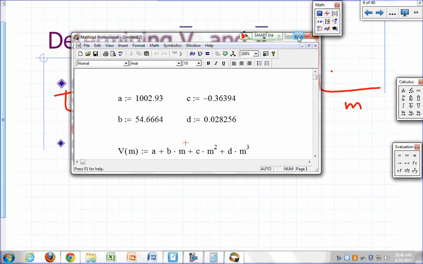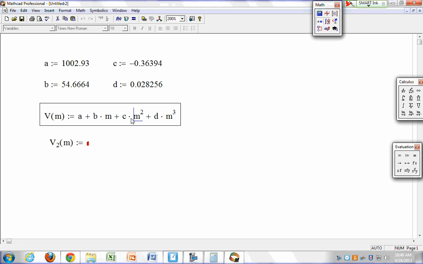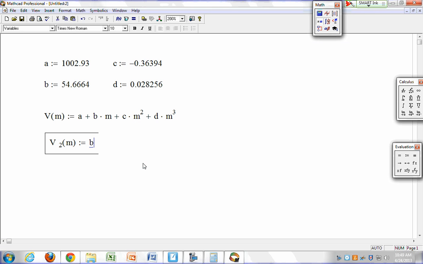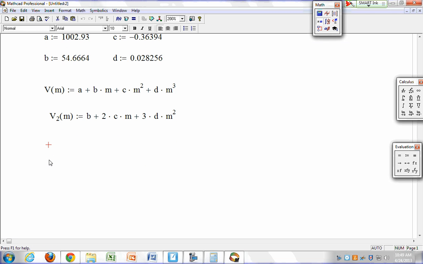All right, so we can say then the partial molar volume of ethanol, which is component number 2, is just equal to the derivative of V with respect to M, which in this case is just going to be B plus 2 times C times M plus 3 times D times M squared. Okay? So that's the partial molar volume. So let's plot that from molality equals 0 to 10.